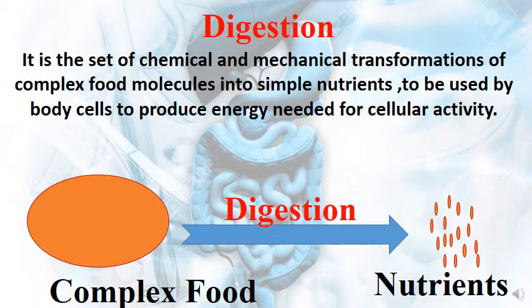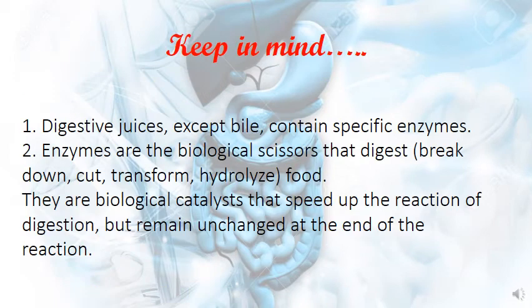So it's the set of both chemical and mechanical transformations of complex food molecules into simple nutrients to be used by the body cells to produce the energy needed for our activities. So this is the definition of digestion.